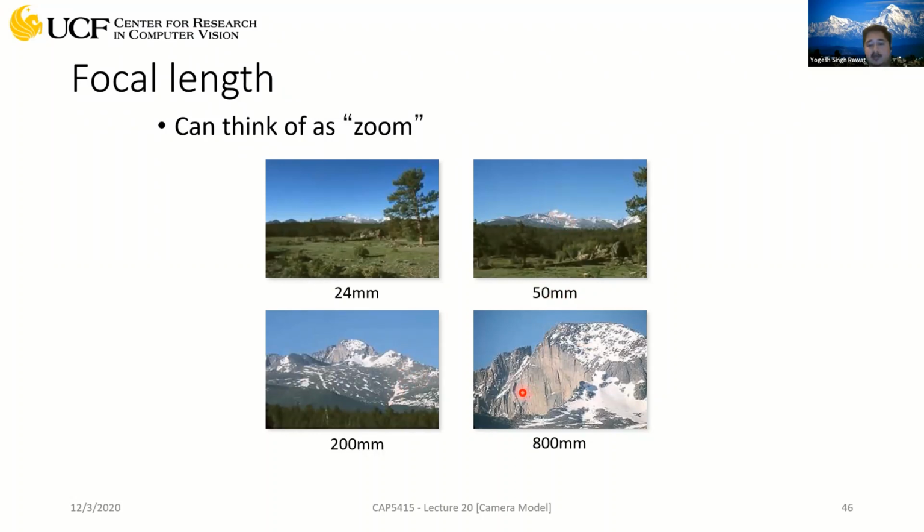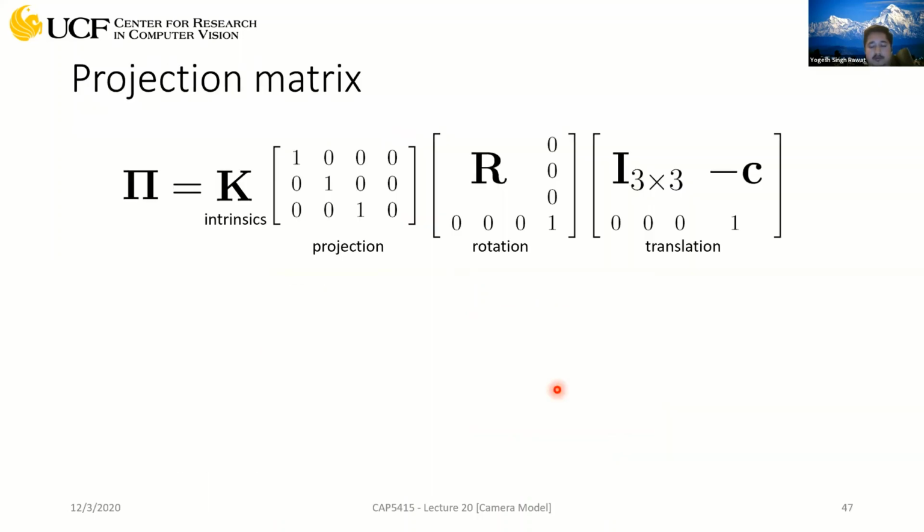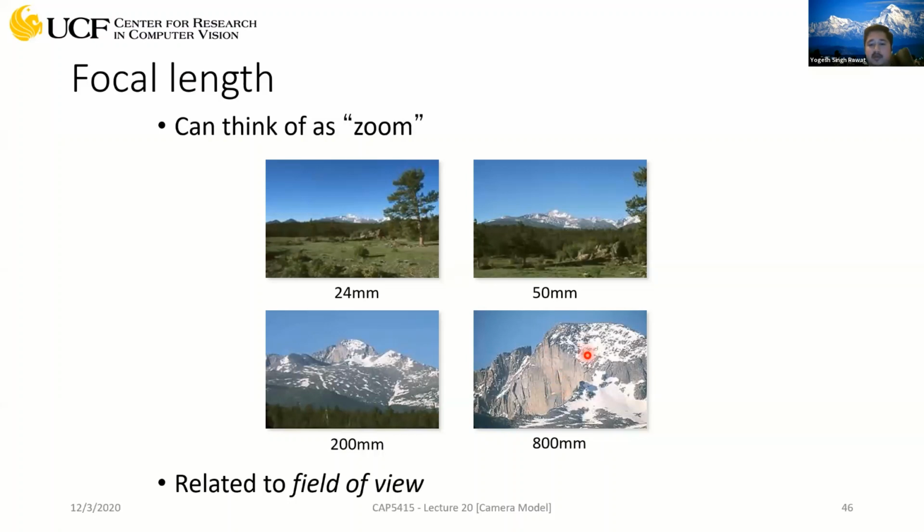And the second image, I think, is using a telescopic lens because it's looking way too far. I think it's the same mountain over here. Yeah. So again, if you increase the focal length, you're zooming in, and you're also reducing your field of view. So it's a trade-off between these two.